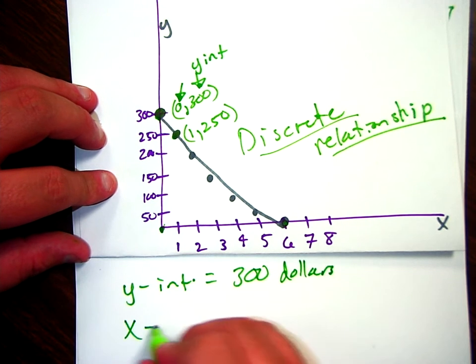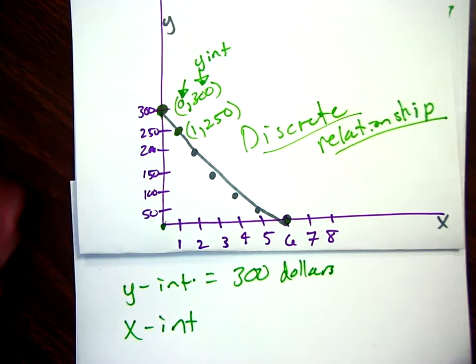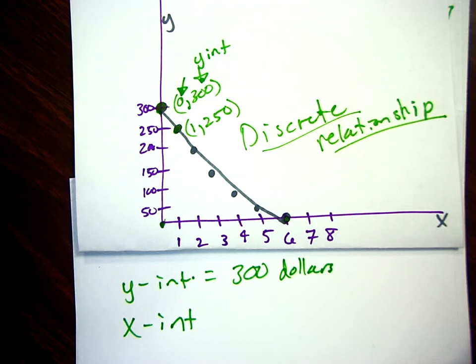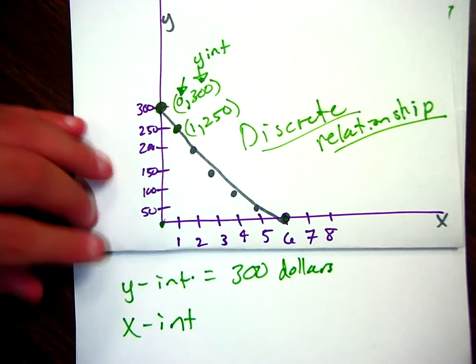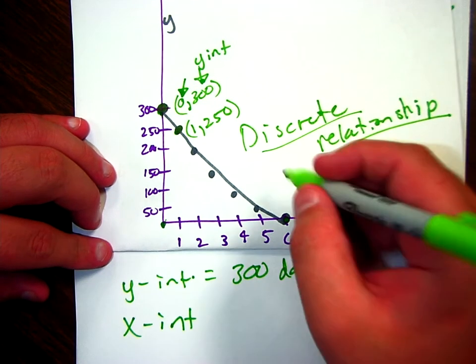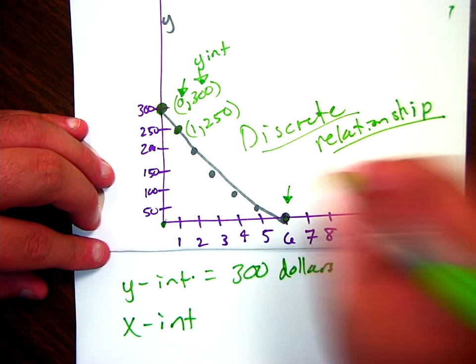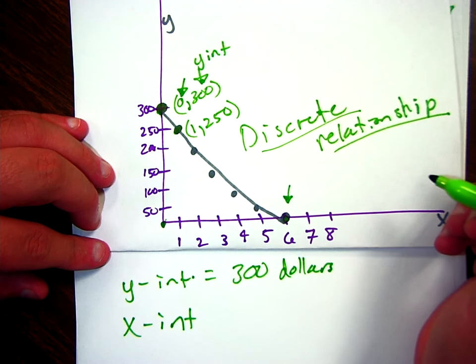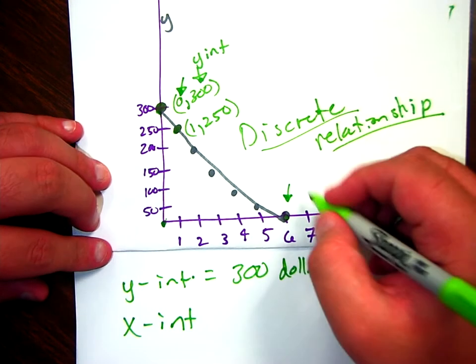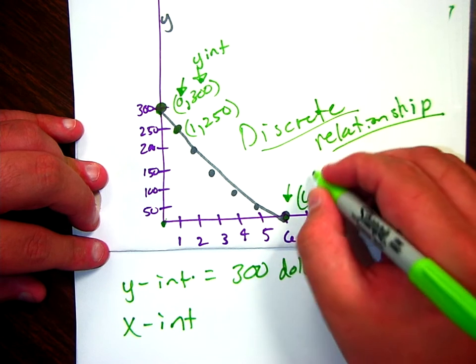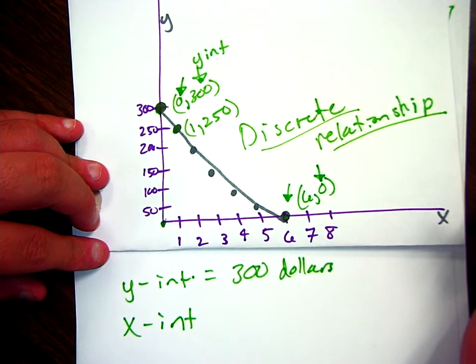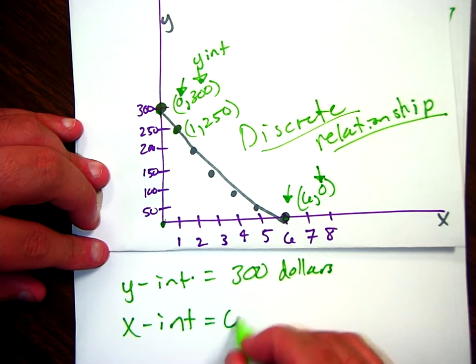Okay, x-intercept. Remember, from the definition, the x-intercept is where the function touches the x-axis, or has a y value of 0. Where does that occur? Well, that occurs right here. That's where it touches the x-axis. That is literally the point 6, 0. See, the y value here is 0, so your x-intercept is going to be 6.